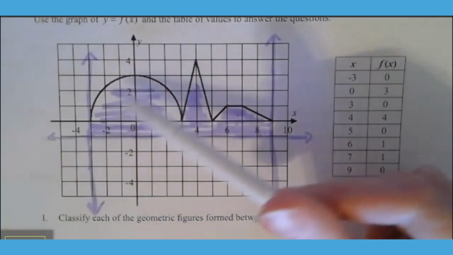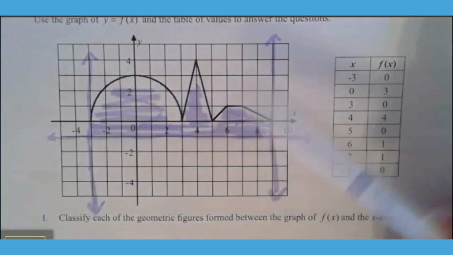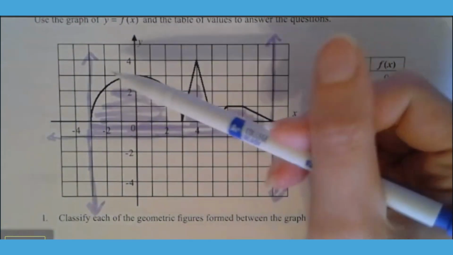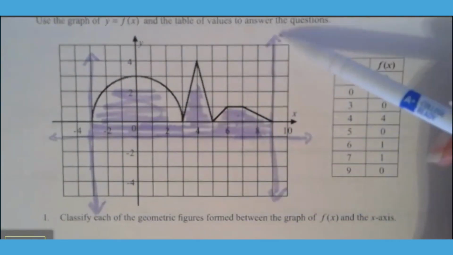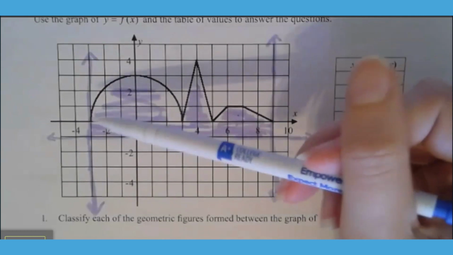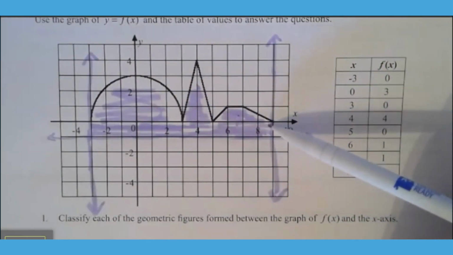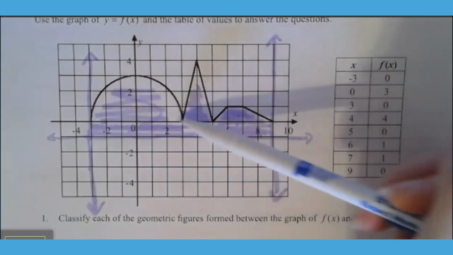So if I'm looking at this graph, the lines that I'm now being bounded by are y equals -1, x equals -3, and x equals 9. So not only do I have the original area that we started with, but I also have this area down here on the bottom.